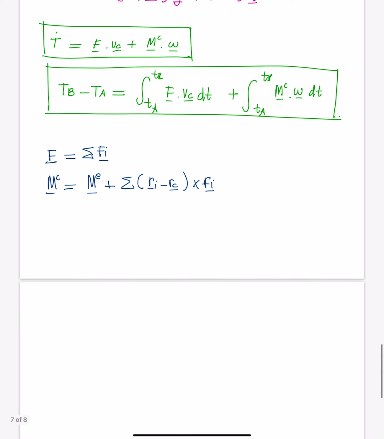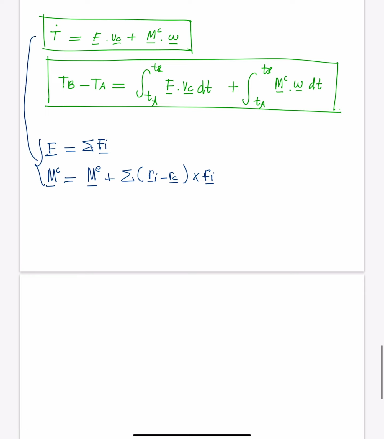Okay, so then I will plug these two expressions into this one. So T dot, the rate of change of the kinetic energy, is now the sum of Fi dotted with Vc plus the sum of Ri minus Rc crossed with Fi plus the Me, dotted with omega.